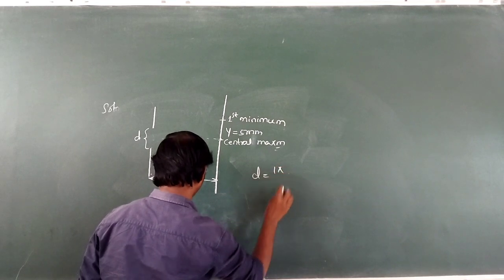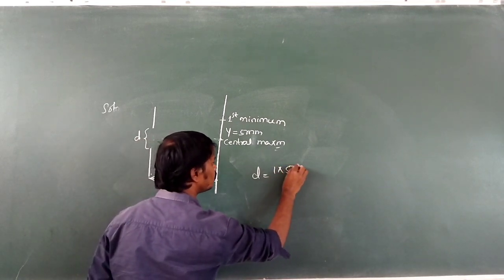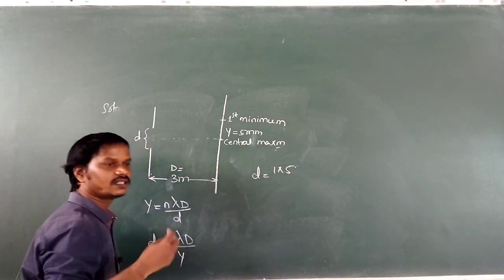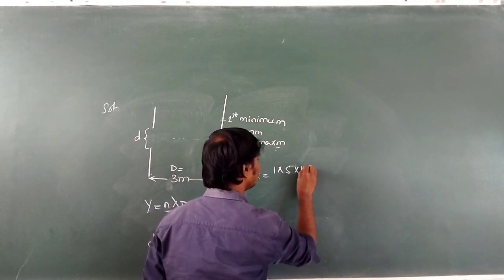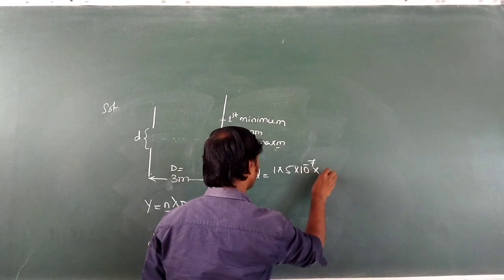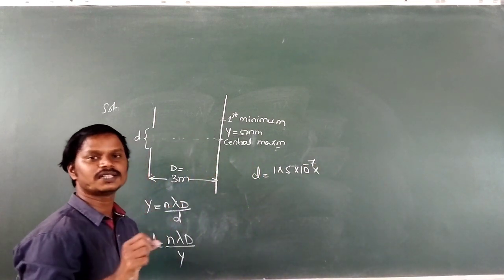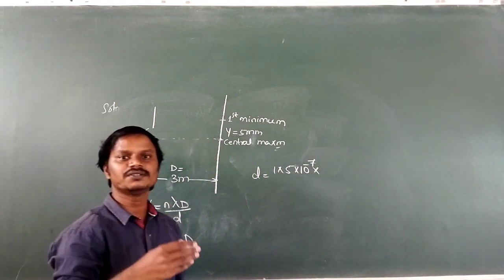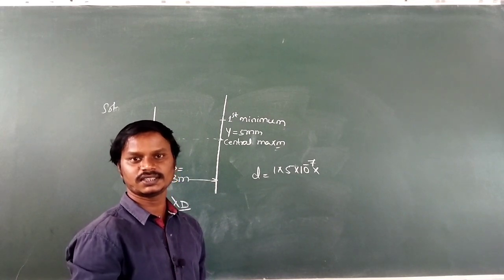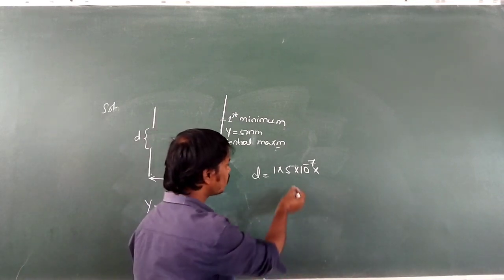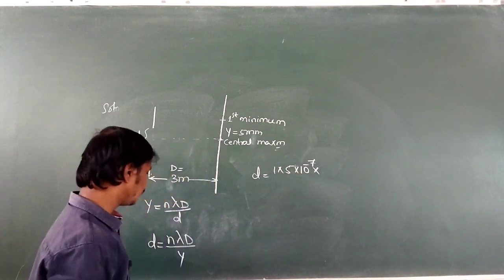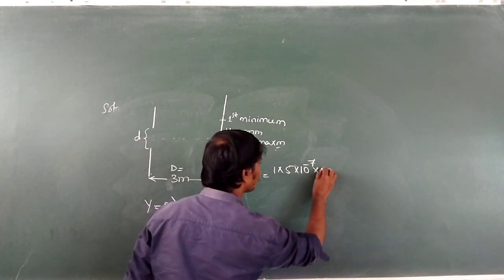Then wavelength 5000 angstrom. 5000 angstrom can be written as 5 into 10 to the power of minus 7 meter, because 5000 angstrom is nothing but 5000 into 10 to the power of minus 10. So 5000 into 10 to the power of minus 10 can be written as 5 into 10 to the power of minus 7. D is 3.